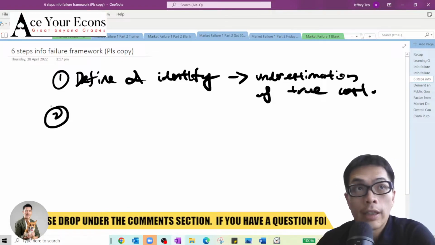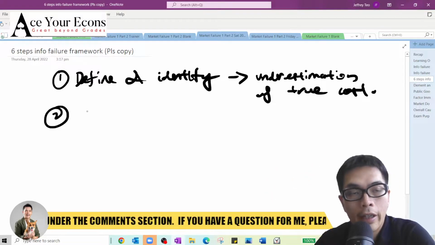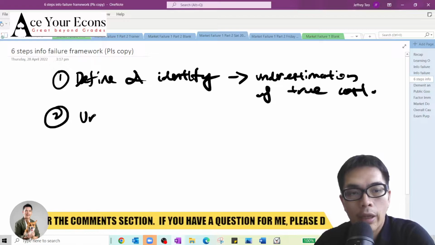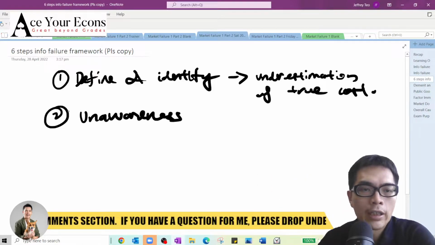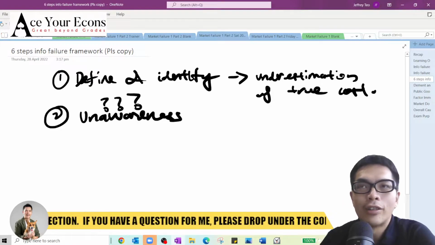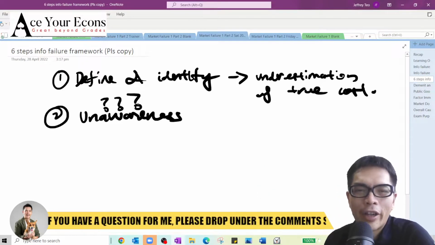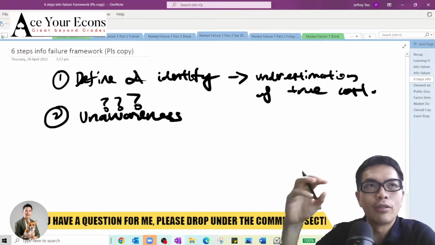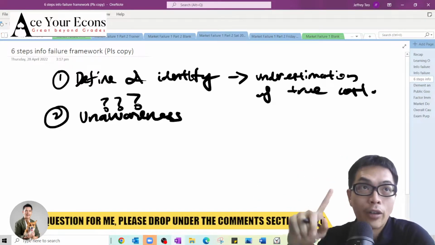Step 2, instead of identifying the externality, we are going to identify the source of unawareness. So you want to look out for extracts that suggest consumers are not aware of a particular effect, or consumers underestimate the effects of a particular effect. Look out for those.